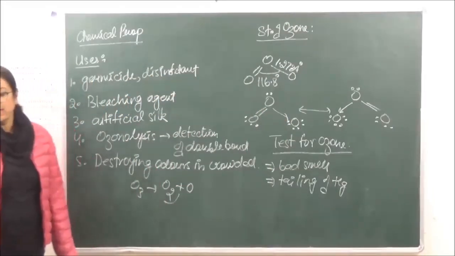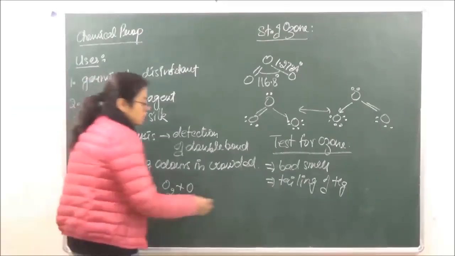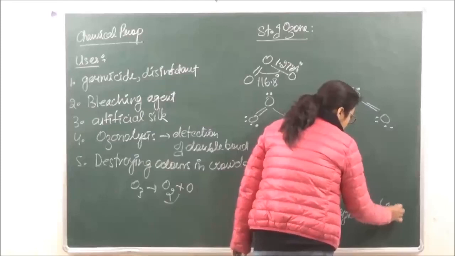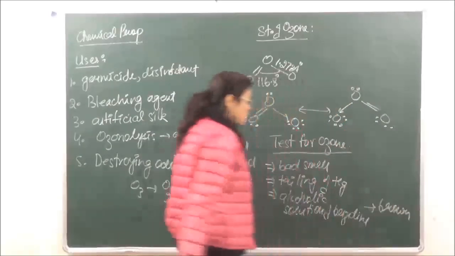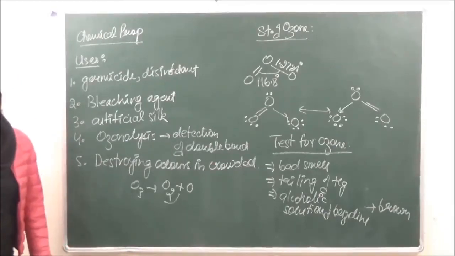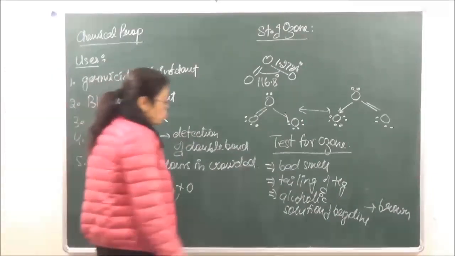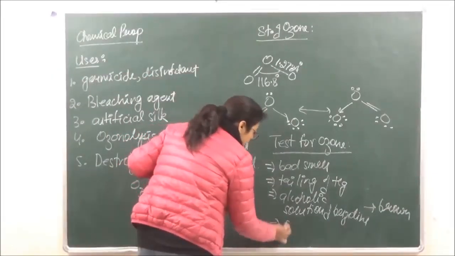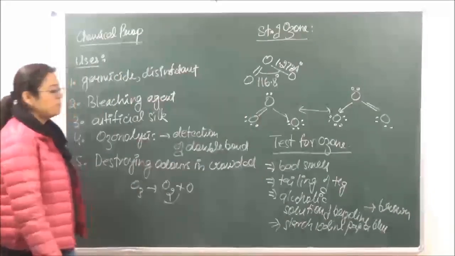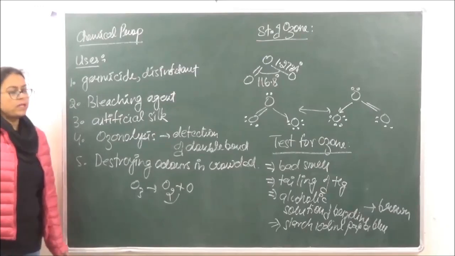Number 3, it turns an alcoholic solution of benzene brown. And it turns starch iodine paper blue. Starch iodine paper blue.